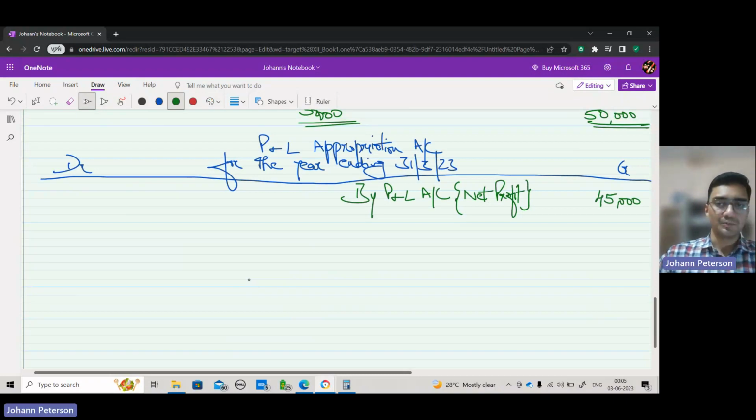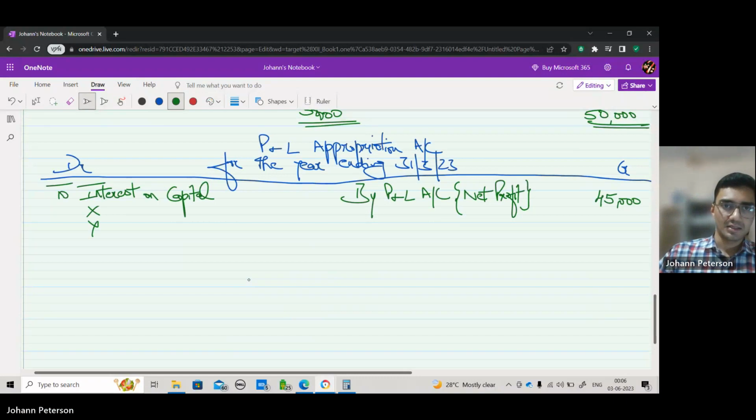Okay. Now, we have been told that interest on capital is agreed at 12% per annum. So interest on capital, we write it on the debit side. So to interest on capital, partners' names are X and Y. So X, Y, interest at the rate of 12% on 1 lakh. So on 1 lakh, you have to calculate at the rate of 12%.